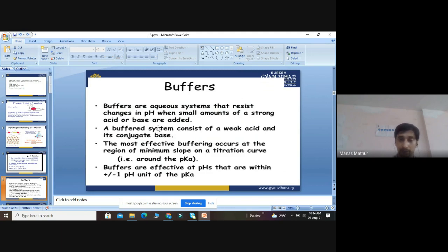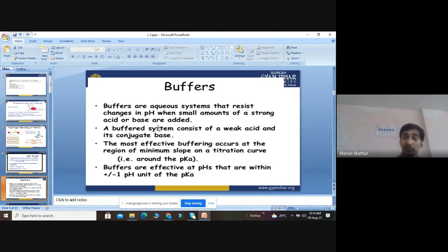So the blood is the important component in our body which can control the resistance to change in the pH. So basically, what does the buffer solution contain? A weak acid and a strong base, or just the opposite, a strong acid and a weak base. It can contain either combination. Means out of acid or base, one should be strong and one should be weak.